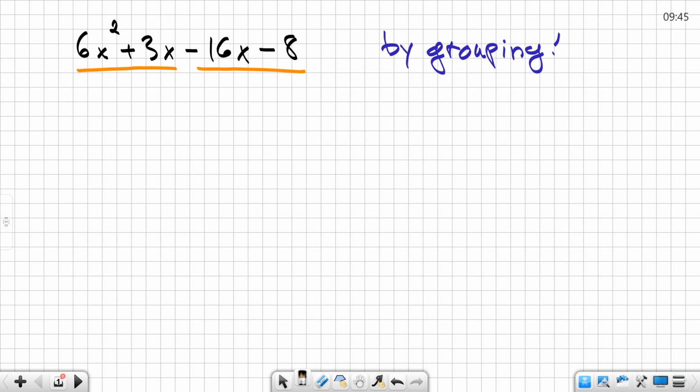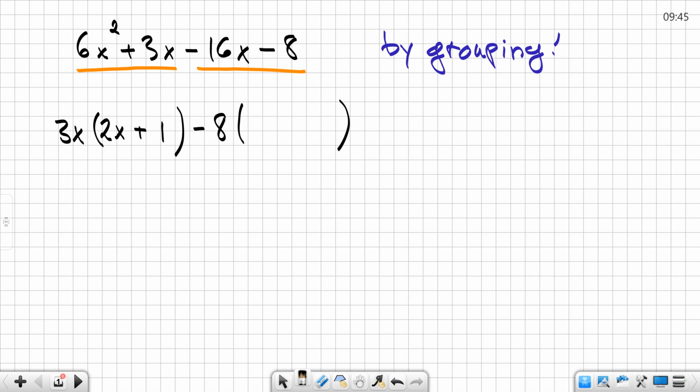Parentheses are dangerous business. So in my first group, 6x squared plus 3x, there is a GCF, 3x. And if I divide both terms by 3x, then I get 2x plus 1. Now the right one, the negative 16x minus 18, is something really good to practice because it starts with a negative, and that means that I will have to factor out a negative GCF, which would be a negative 8.